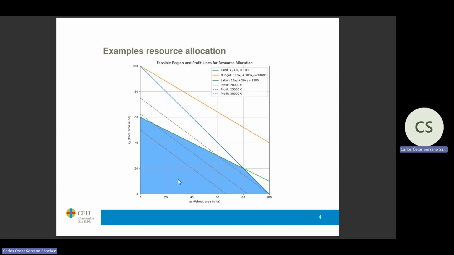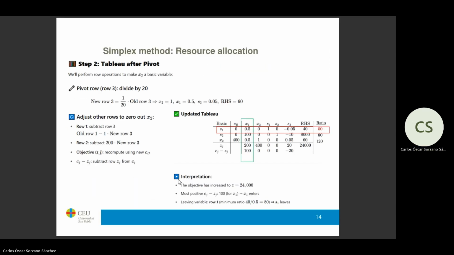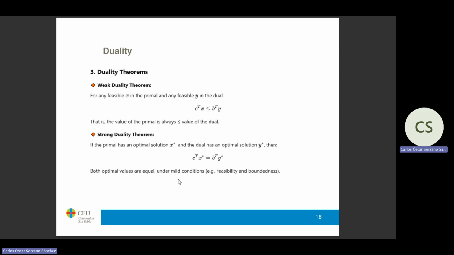It's on the border of labor and the border of land. Even if you had a budget constraint, that budget was over what you needed. So changing the budget doesn't change the optimal solution, and the shadow price of budget will be 0.